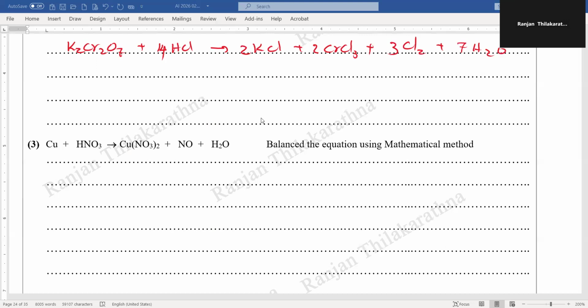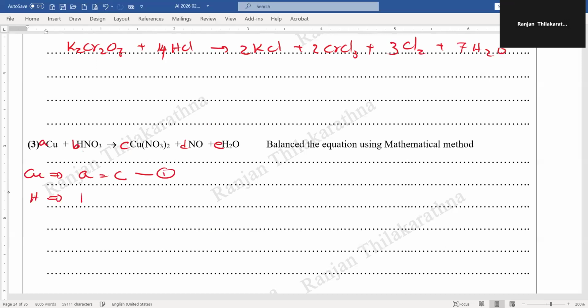Okay, let's see. Here, I will put the stoichiometric numbers as A, B, C, D, and E. Then I consider copper: A equals C. Then I consider hydrogen.